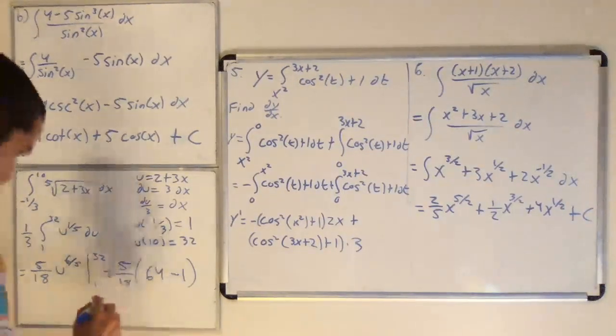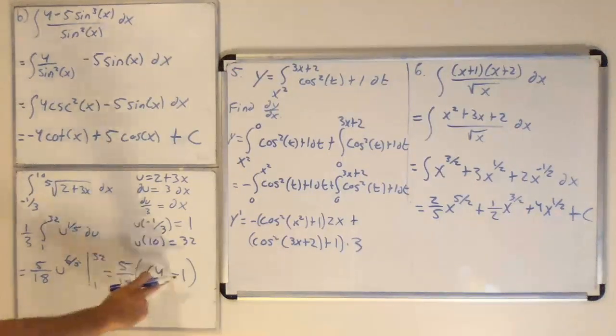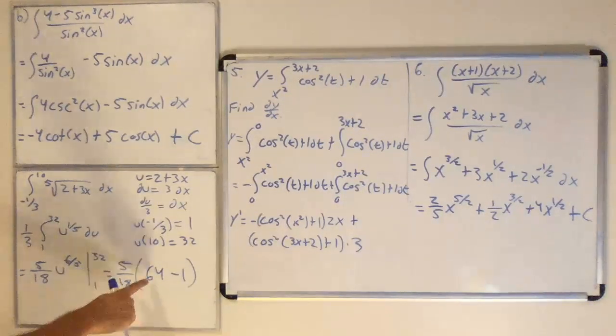Okay, so this is equal to 5 times 63 over 18, which would be 35 halves.